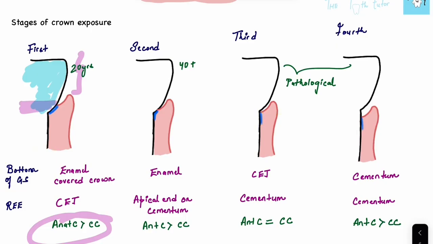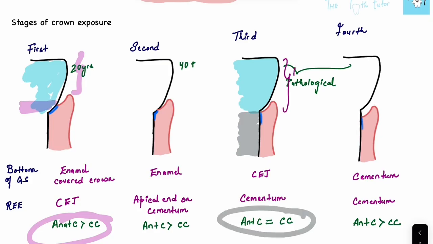Because the enamel covered portion is up to the cemento-enamel junction, if this is my enamel, it will end over here, and this is my cementum. In this stage, the anatomical crown and the clinical crown are equal. This is my anatomical crown, the enamel covered portion, and since the gingiva is extending up to here, even my clinical crown is up to here. So they are equal in the third stage.